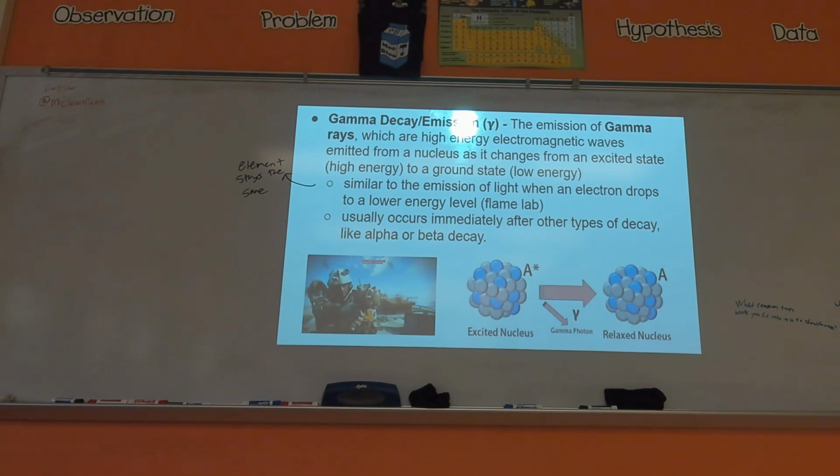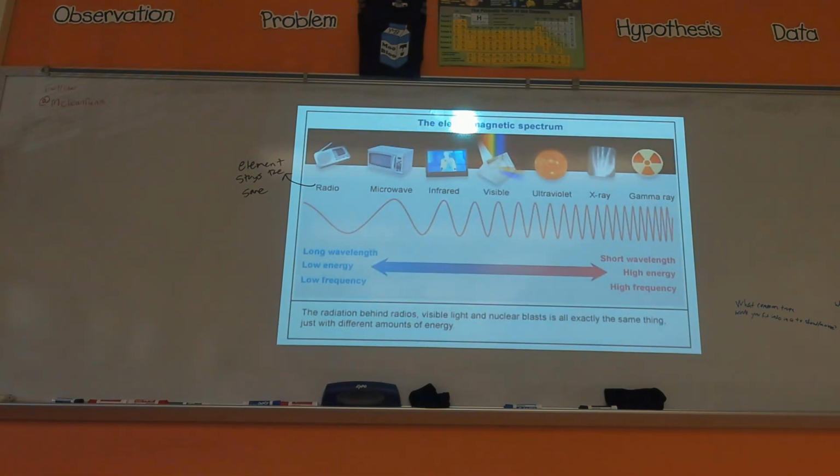Right? Cool. So I need to remind you of the electromagnetic spectrum. Theoretically, you learned this in middle school. The electromagnetic spectrum is the spectrum of light. Now, when we say light, you tend to think of visible light, right? But the same particle of light that you see as visible light is actually the same thing that makes up radio waves or microwaves.